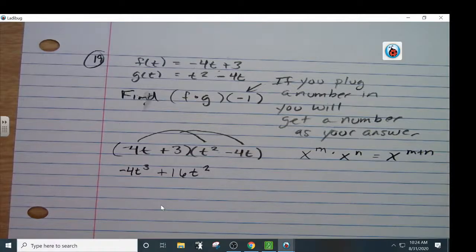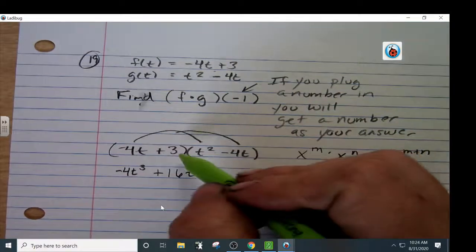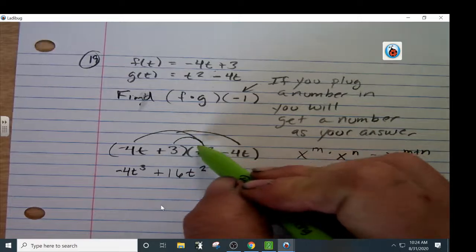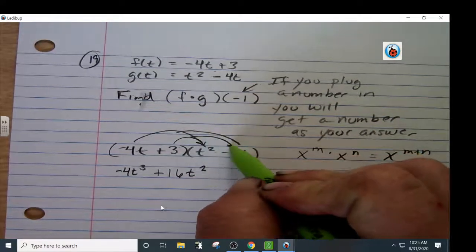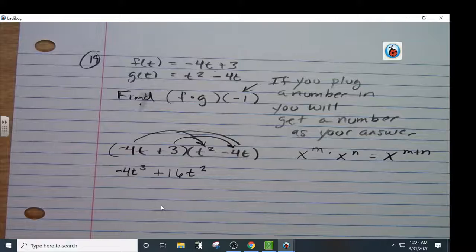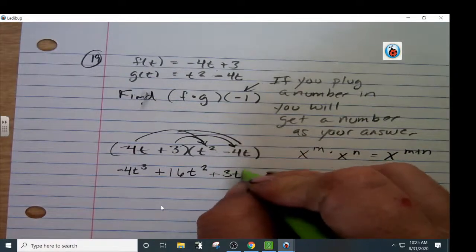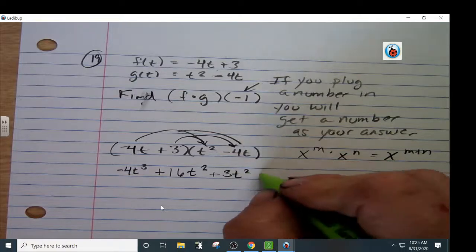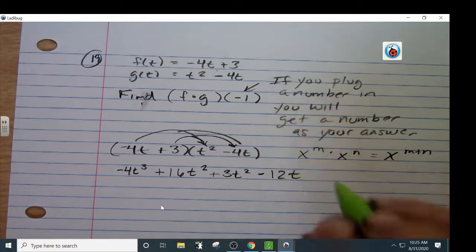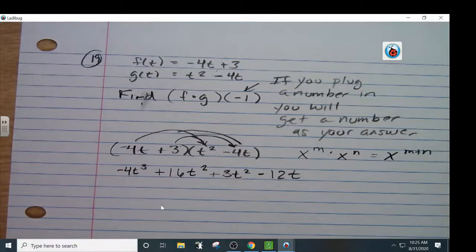All right, so you're done with that term. Okay? Now you're going to go to your back term and distribute those to both of them. Okay? So that's going to be 3t squared minus 12t. All right?